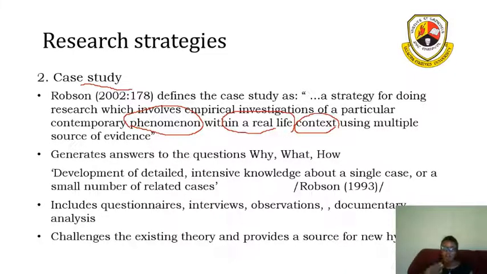You may want to develop a system for a particular context. You may say, my intention for my research is to look at cybersecurity in teaching and learning institutions. And therefore, I'm going to pick a context of a university, and specifically Uganda Martyrs. Uganda Martyrs University becomes your case study. Yes?